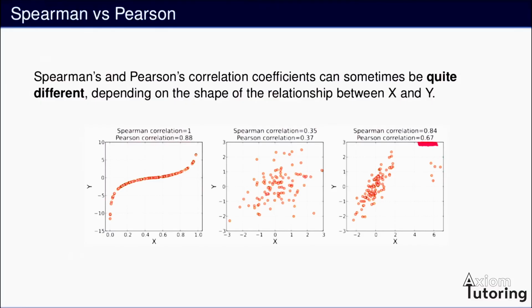For example, here, 0.67, which is much lower than you might expect, given that you can see that the relationship seems to be like this, and then you just have a couple of outliers. And Spearman's correlation is less affected by those outliers, and so the correlation measure is still much higher, which shows that with outliers, Spearman's correlation can have an advantage.